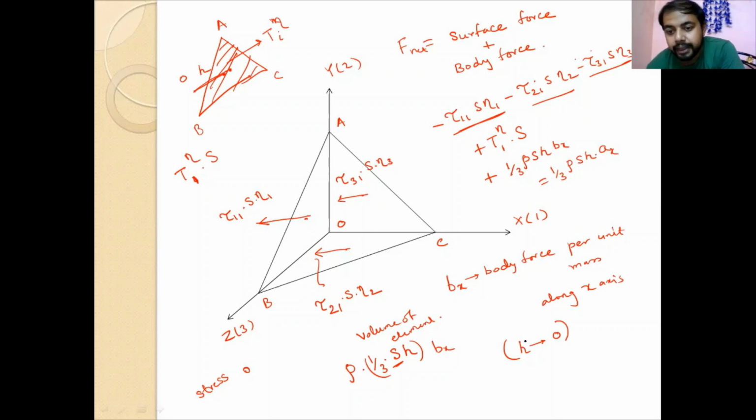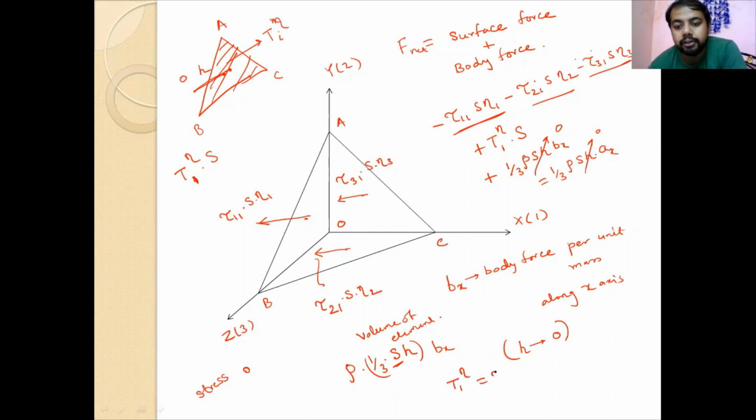That is why H has to tend to zero. That means the total fluid element converges to the origin. In such a situation, what equation are you getting? This term will be neglected, since H is zero. The remaining part comes here in the scenario.